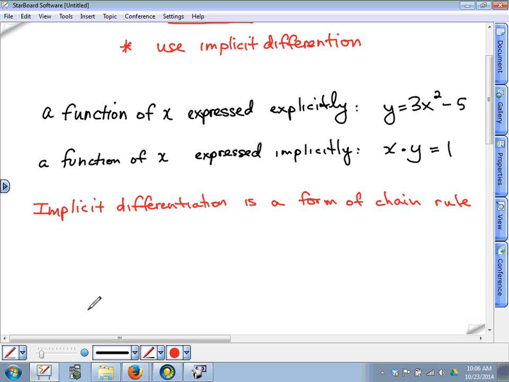So before we actually get into an implicit function, let's just look at an expression. This is not an equation, this is just an expression. Let's look at 3y squared.